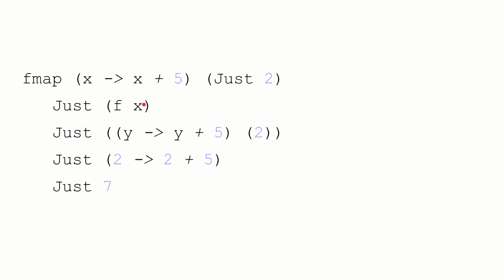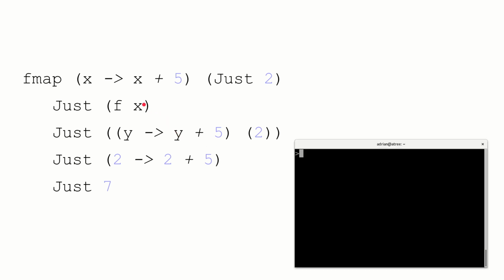So here we see that broken down again. We do fmap plus x plus 5. So let's break this down again just to see what happens. So we do fmap function on our Just with maybe value. It matches the Just branch. So we do this.